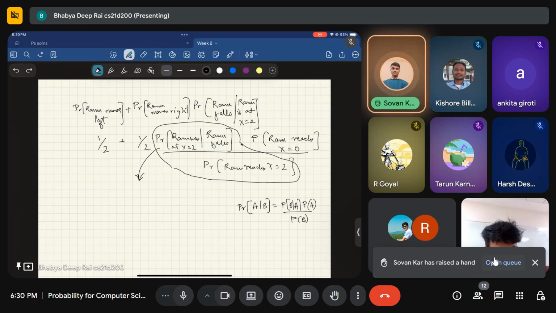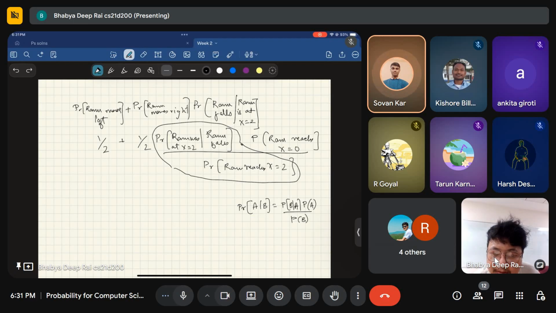Sir, you can do this right hand part in this way, the numerator part, that probability of Ramu at x equals to 2 given Ramu falls. Yes, yes, yes. That's what.